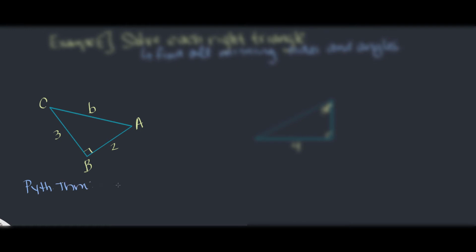It says that 2 squared plus 3 squared has to equal the side labeled b squared. So 4 plus 9 is b squared, so b must be the square root of 13. We're only going to deal with the positive square root of 13 because we're talking about the side length of a triangle. So b is the square root of 13.